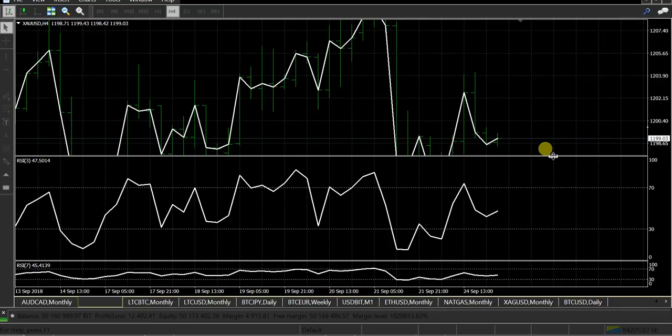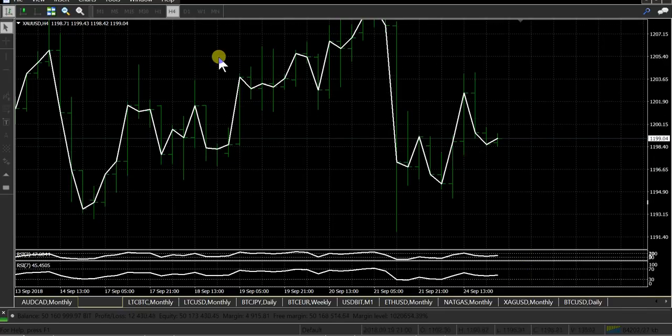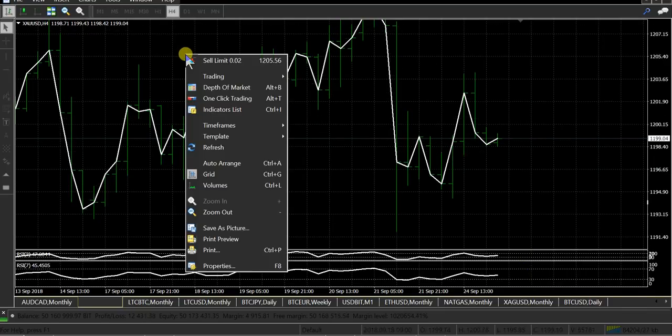Forget RSI. Let's just forget even the structure, the closing prices. It is hard to strip everything off your chart and just say, can I play inside the range without any type of assistance?